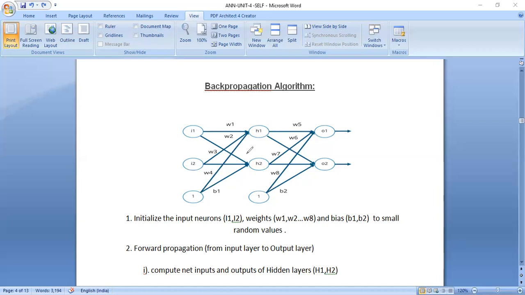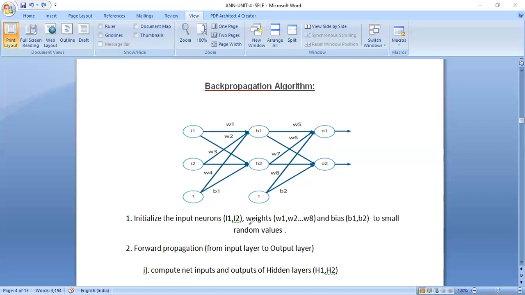So this backpropagation algorithm is one of the popular algorithms used in multi-layer perceptron. As you know, multi-layer perceptron is used to solve difficult or different kinds of classification problems.